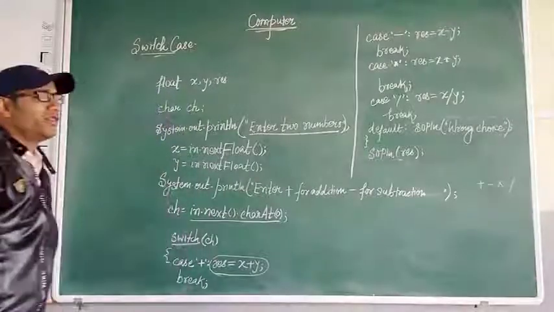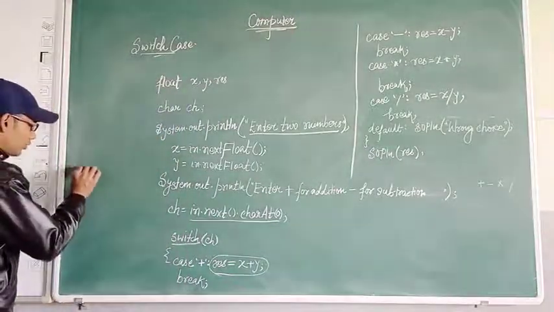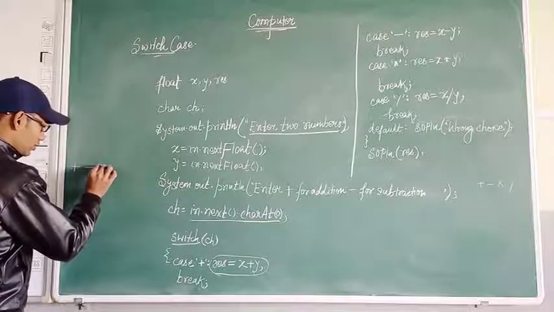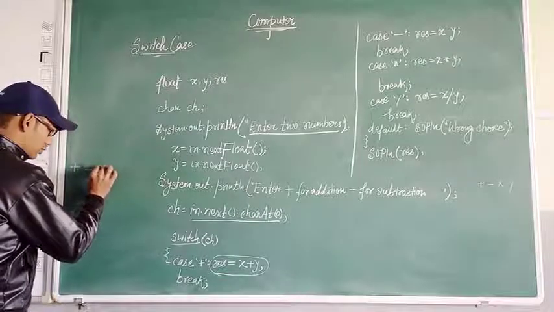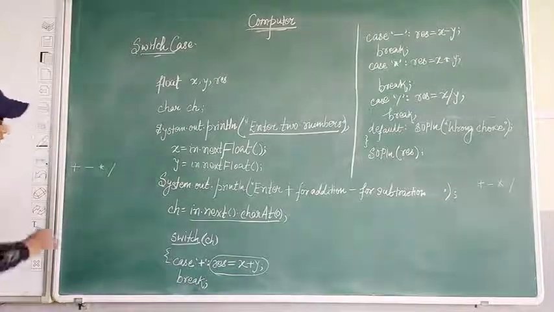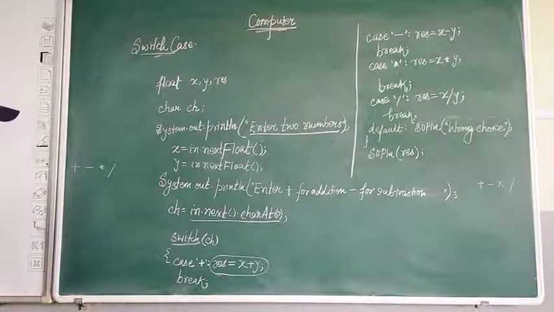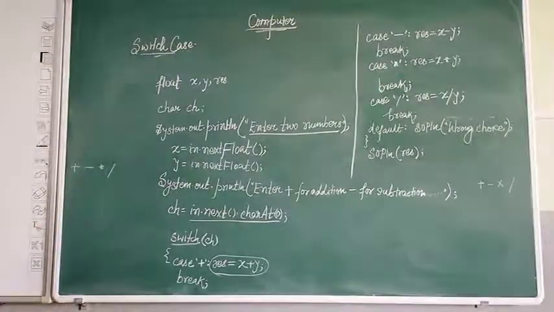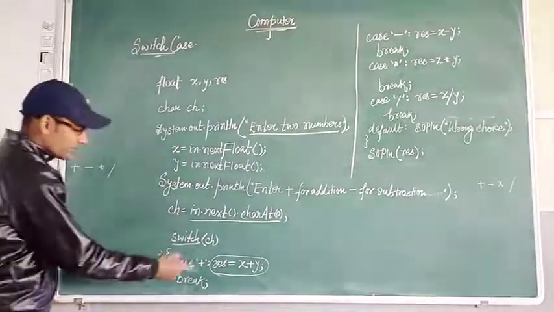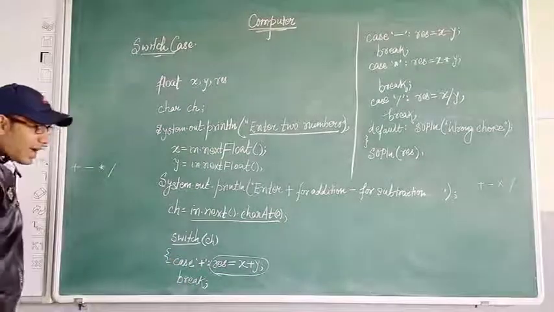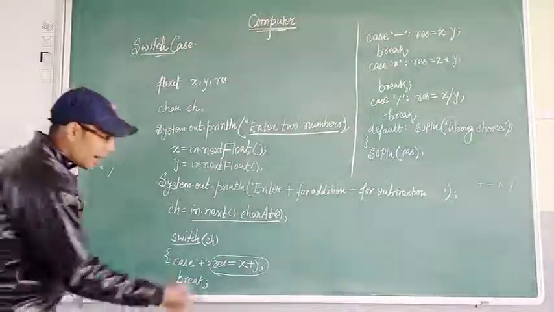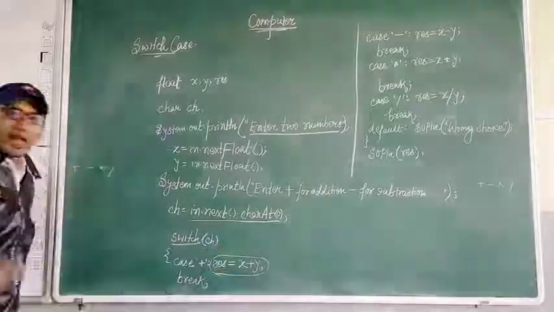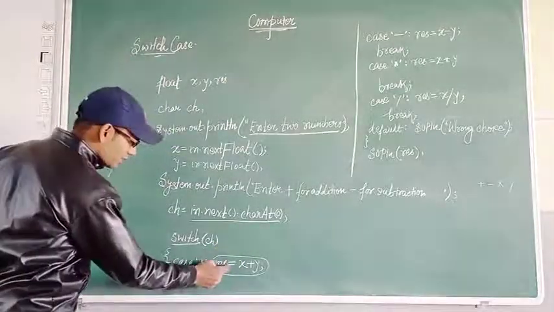If the user feeds something outside of these symbols, that is the default. If the user feeds the plus sign, the addition sign, it will be matched with this particular sign, and accordingly addition will be done and the value will be stored inside result.